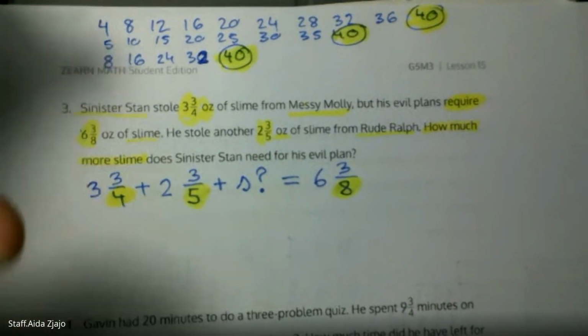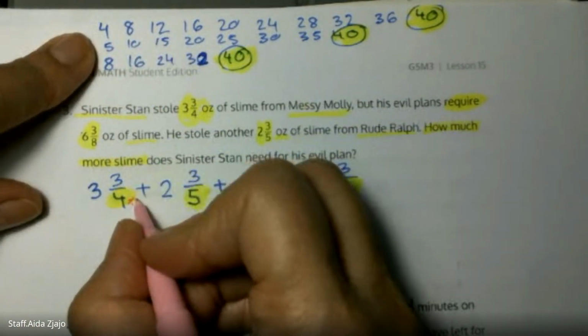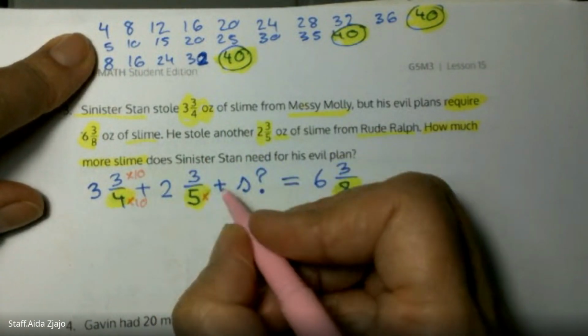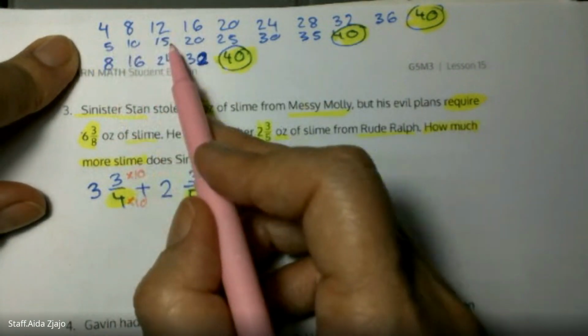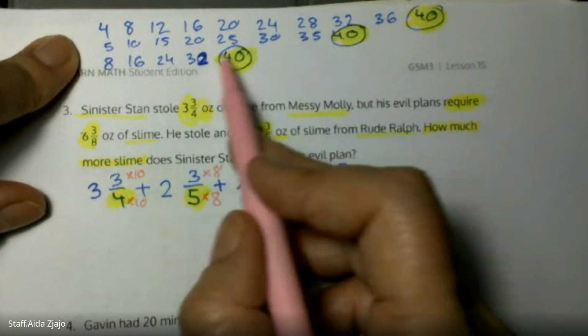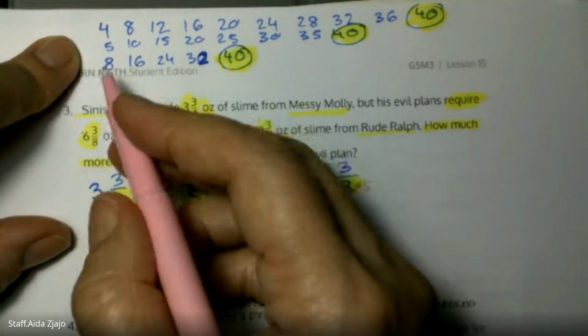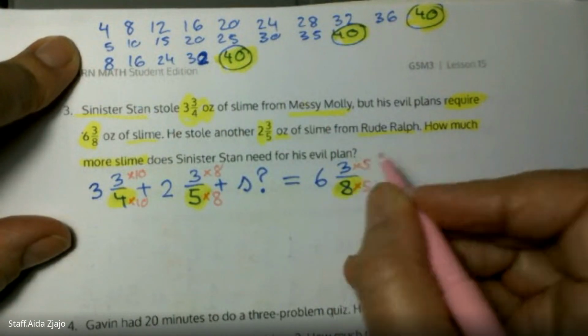So we will do 4 times 10 is 40. 5 times 8, 1, 2, 3, 4, 5, 6, 7, 8. 5 times 8 is 40. And 8 times 5, 1, 2, 3, 4, 5. 8 times 5 is 40.